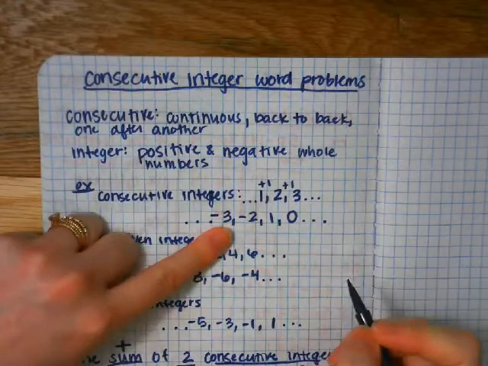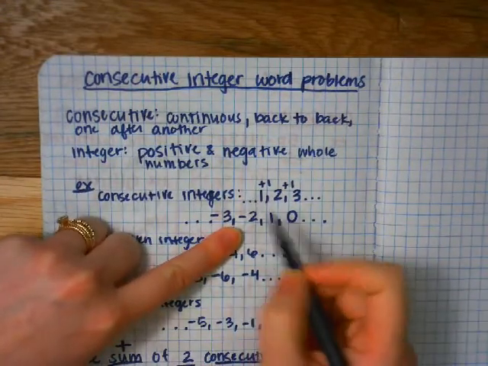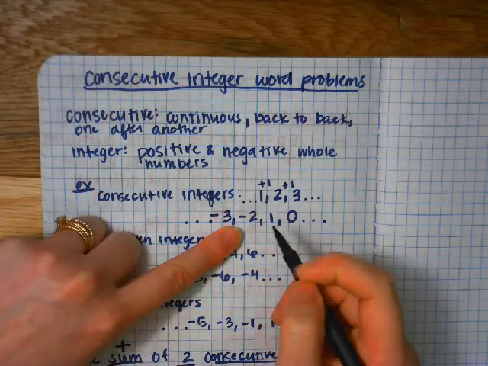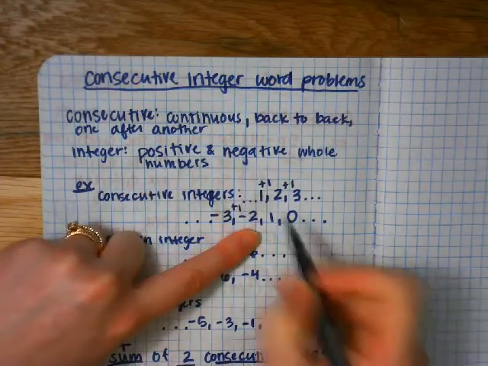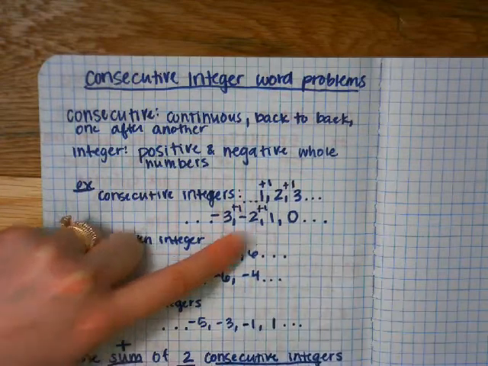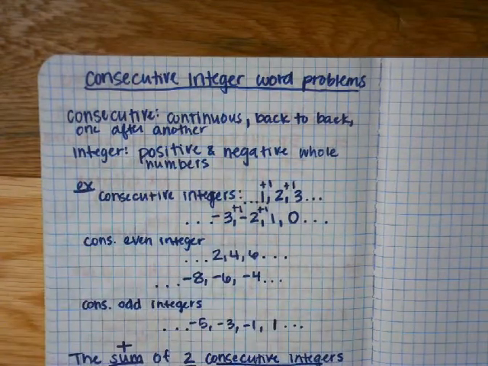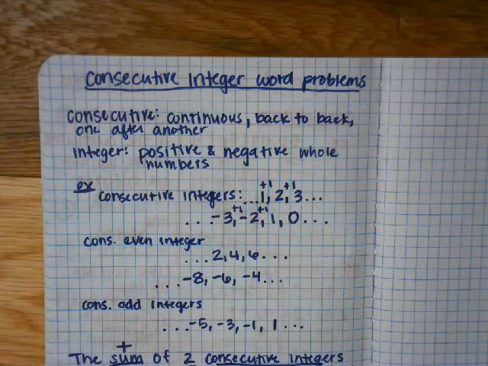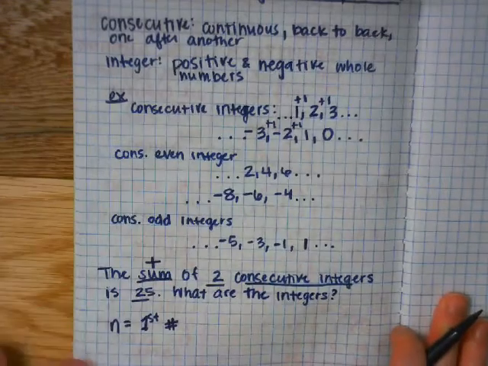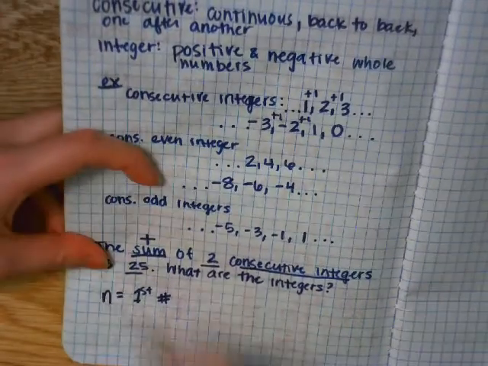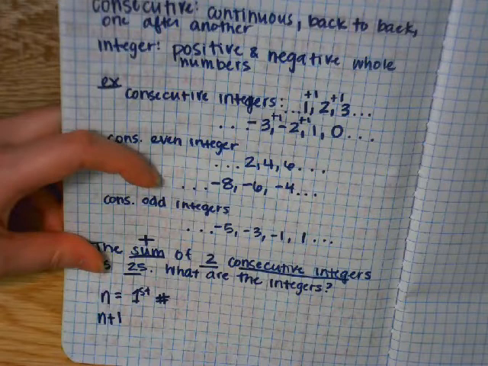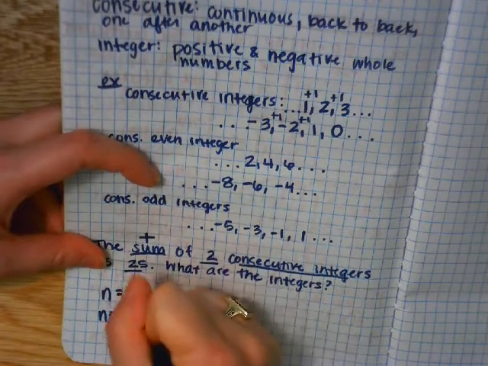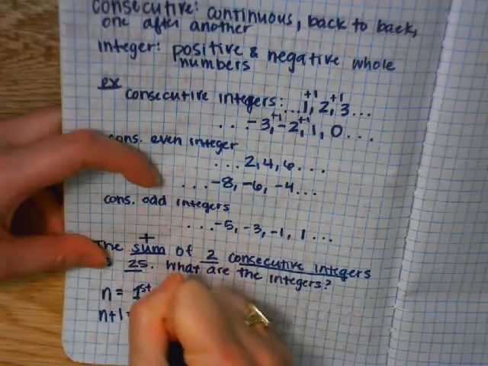Same thing here. -3 to -2. Good. I added 1. -2 to -1. I added 1, right? So when we're talking about consecutive integers, if you're talking about two numbers back to back, your first one is n, and to get the number that comes after n, we just add 1. So that's our second number.